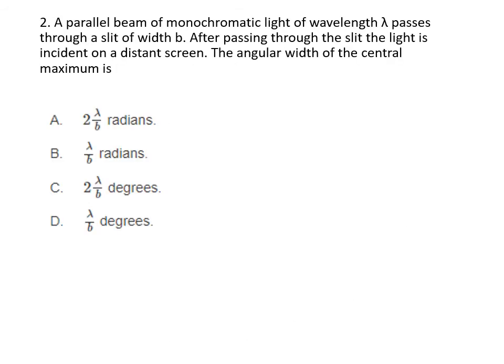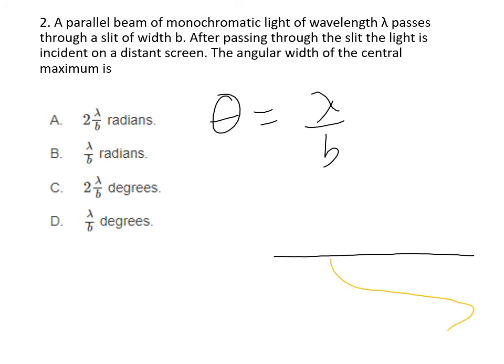Number 2, a parallel beam of monochromatic light of wavelength lambda passes through a slit of width b. After passing through the slit, the light is incident on a distant screen. The angular width of the central maximum is, this theta is equal to lambda over b. This tells you the angle from the center of the central maximum to the first minimum. So this tells you if I had an interference pattern, this angle is this angle.